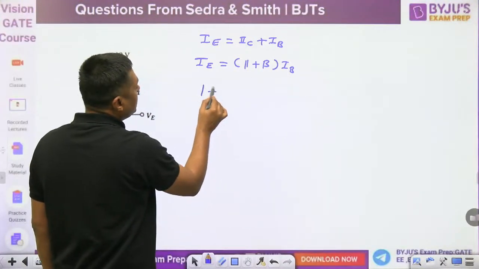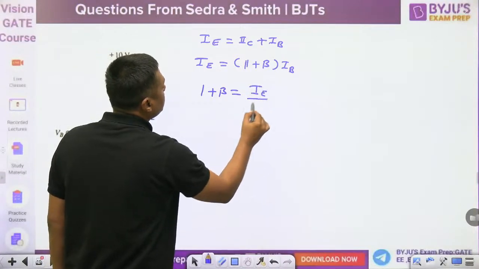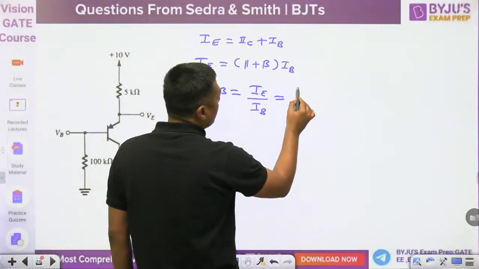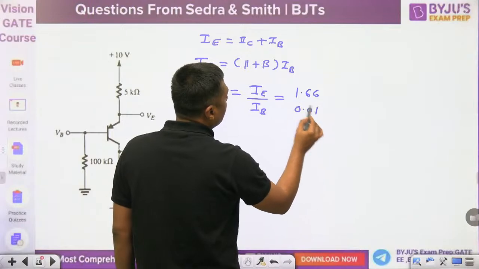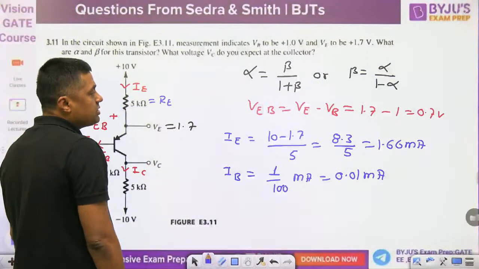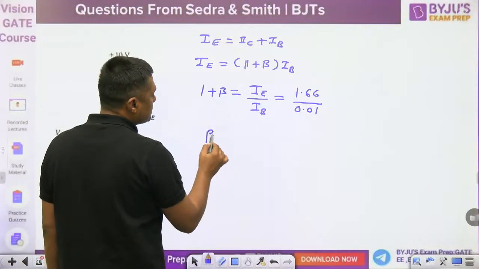So 1 plus beta is equal to I upon IB. So it is 1.66 divided by 0.01, which is the value of IB. Now it will become 166. So beta is 165.